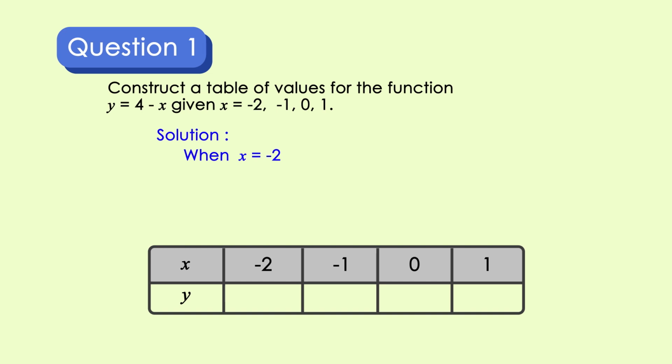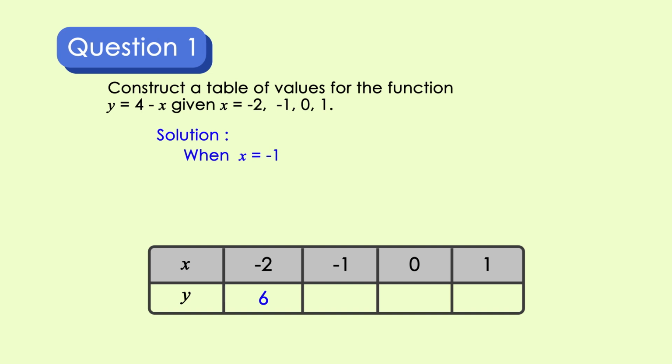By substituting x = -2 into the equation, y = 4 - (-2), we will get 6 as the answer. So, we construct the table and fill in the value of y that we have obtained when x = -2.